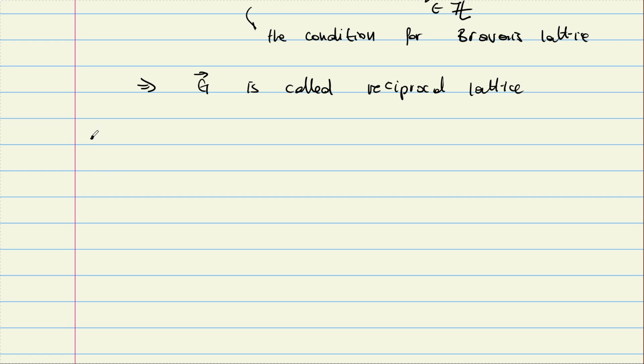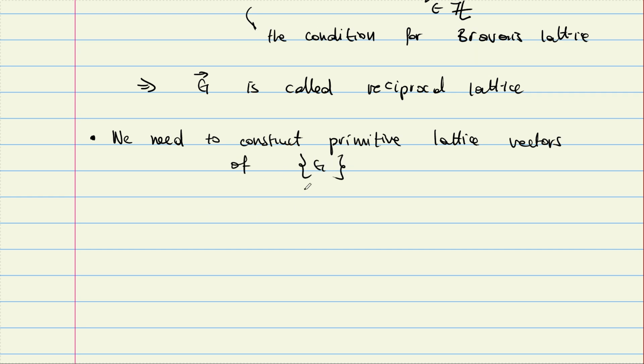So if you remember, in the real space lattice, given a lattice, we form the entire lattice structure from some primitive lattice vectors. Then here we need to construct primitive lattice vectors of these G vectors, similar to R vectors.